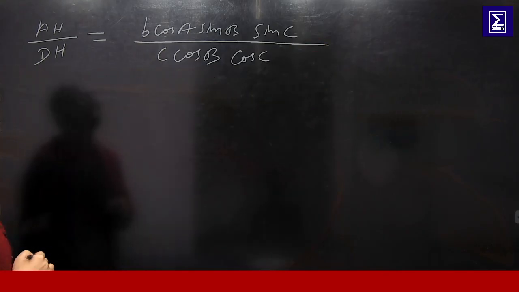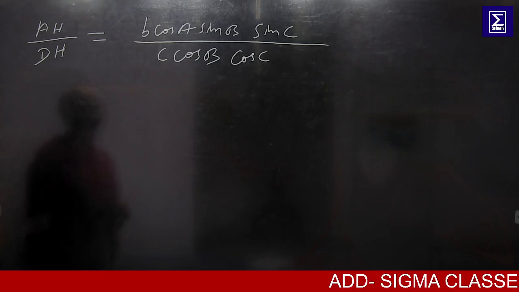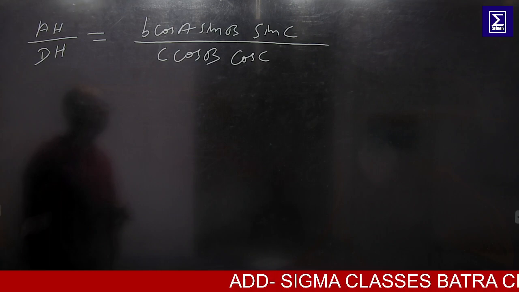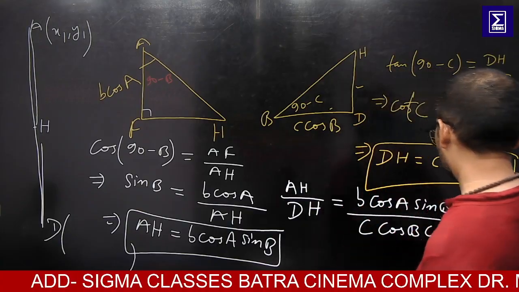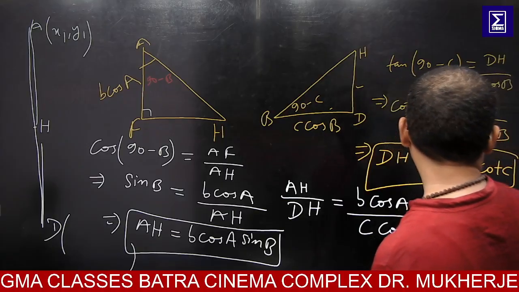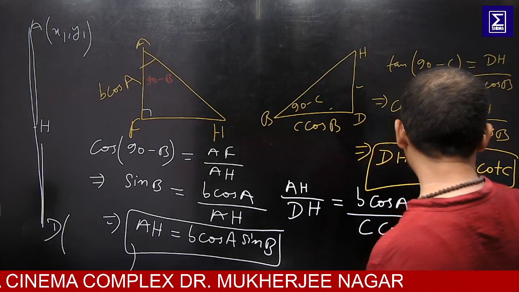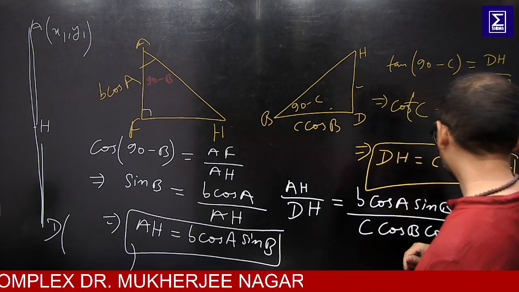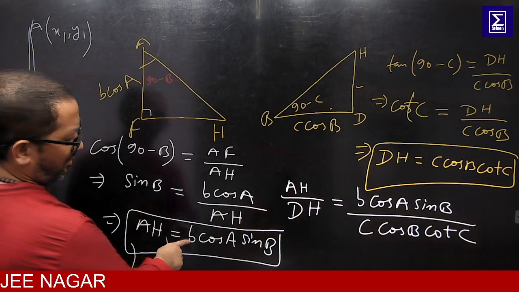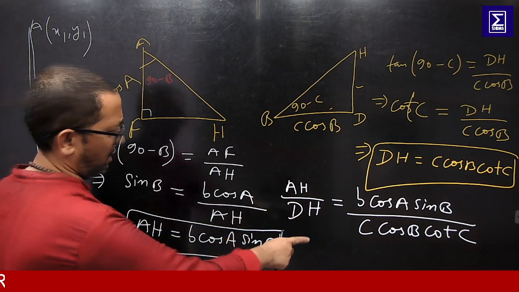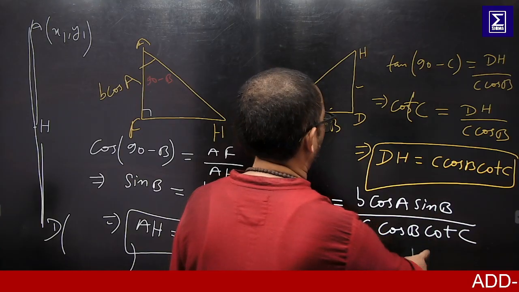Is that clear to you? So we get b cos A sin B sin C upon c cos B cos C.